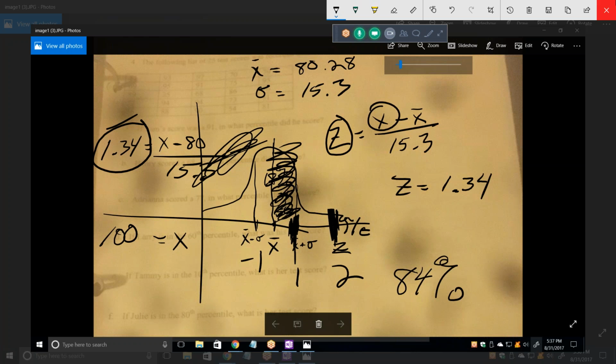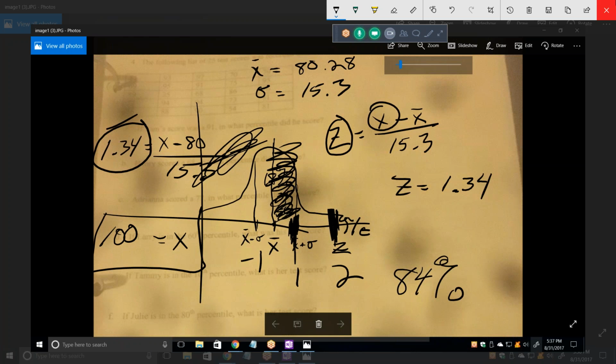Okay. Well, I think we're doing this problem correctly. Yeah, no, I think we're doing it correctly. Even though we got this weird answer, and that could be round off error or whatever, you could also interpret this as saying that you need to score 100 if you want to be in the 91%.